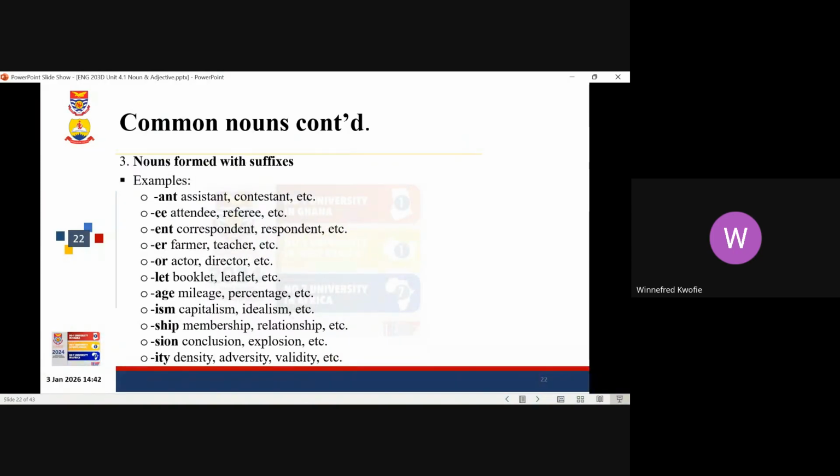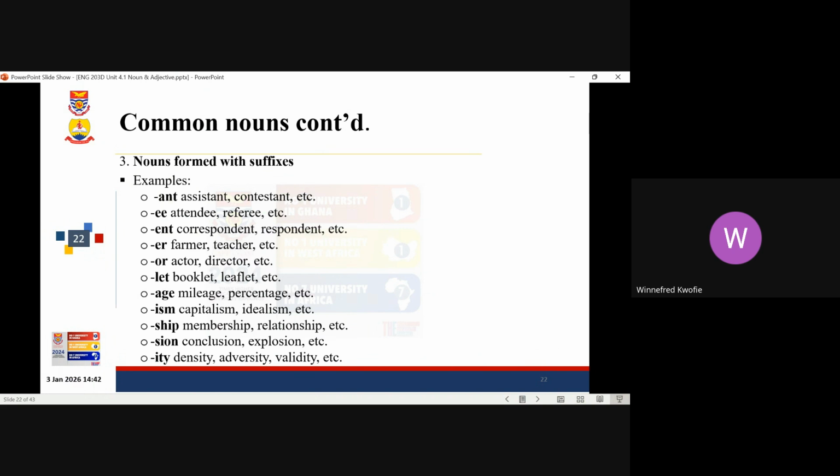So in forming nouns, there are certain prefixes that are used, and then there are also suffixes that indicate the presence of nouns. So ANT, we can talk of contestant. EE, we can talk of attendee or referee. ENT, you can talk of correspondent.